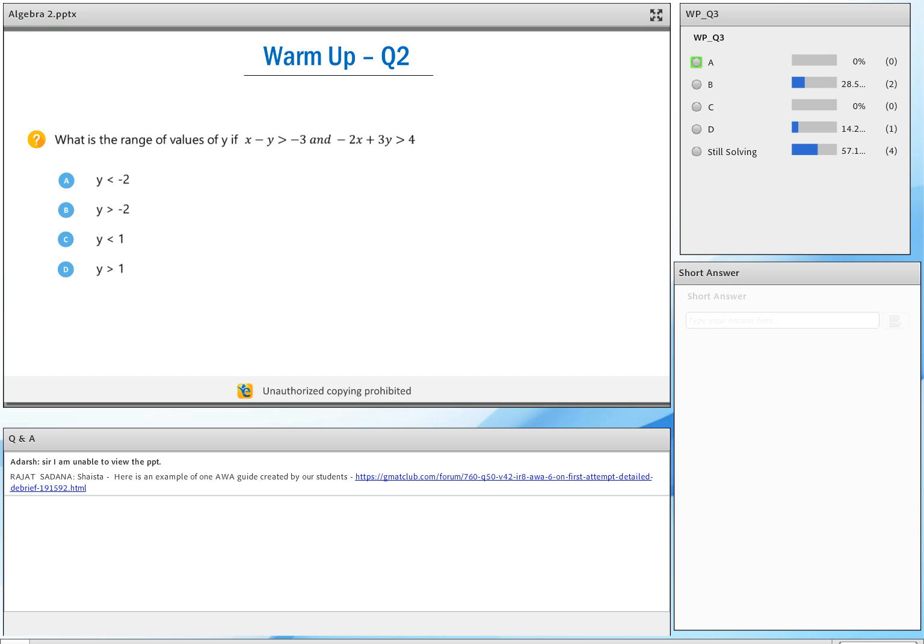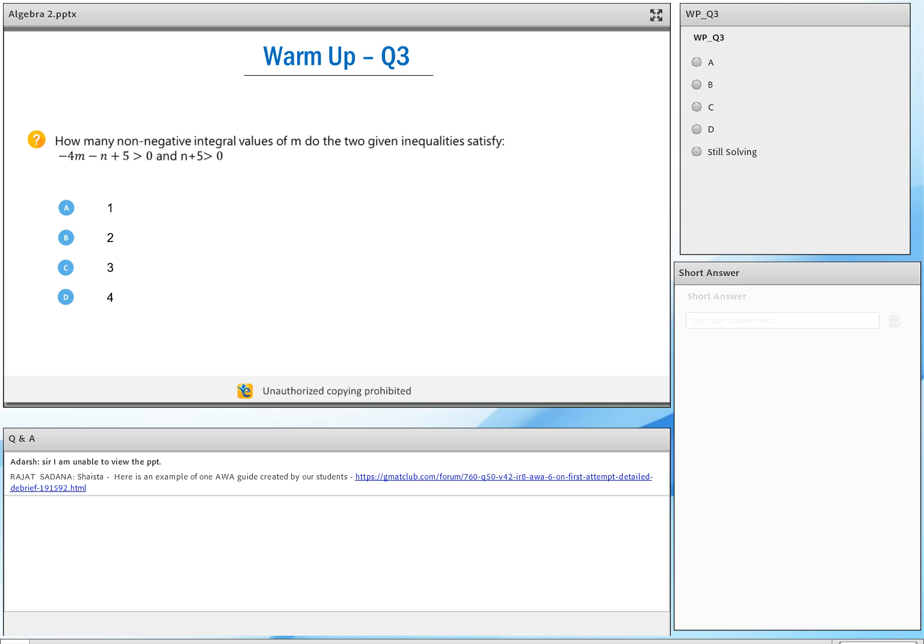Okay, so can you all first please click on still solving? Let me clear the answers here. Okay, let's go to question number 3 now.